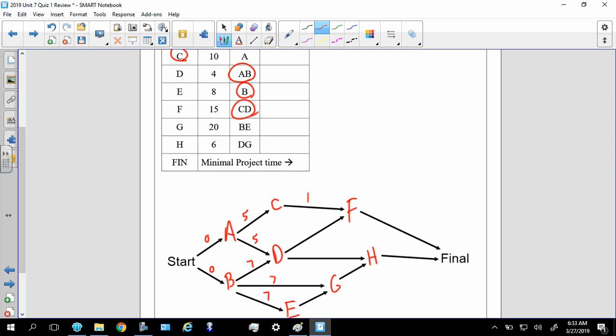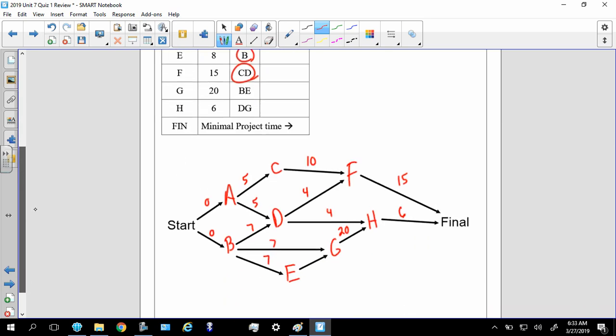There's 1 arrow here. D is 4. Let's see. F has 15. G has 20. Big time for a little arrow, but we'll go with it. That's a 6. And then it wants, what is that? The EST yet again.